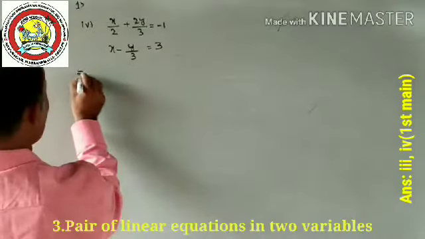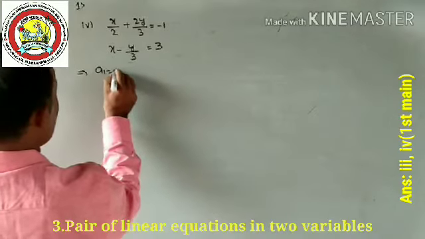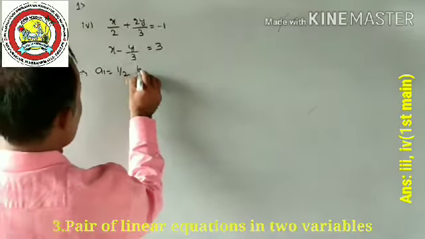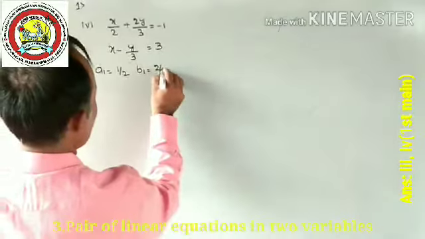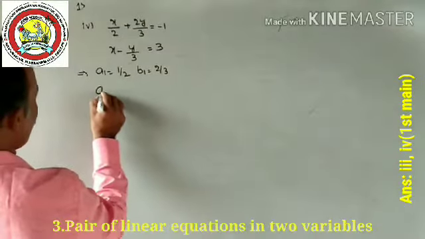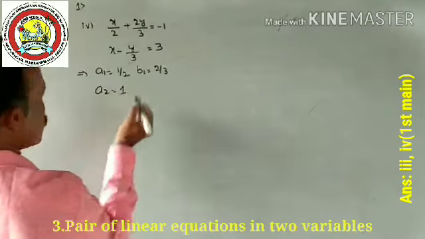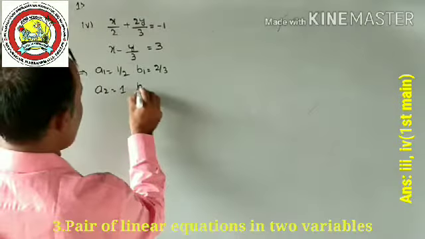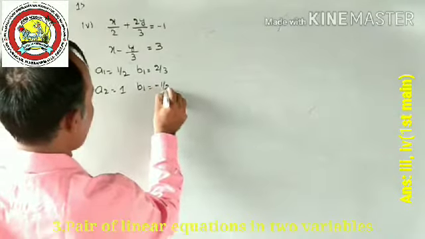Again as usual, a1, the coefficient of x, is 1 by 2, b1, the coefficient of y, is 2 by 3, c1 not required. The value of a2 is the coefficient of x, that is 1, and b2 is equal to minus 1 by 3.